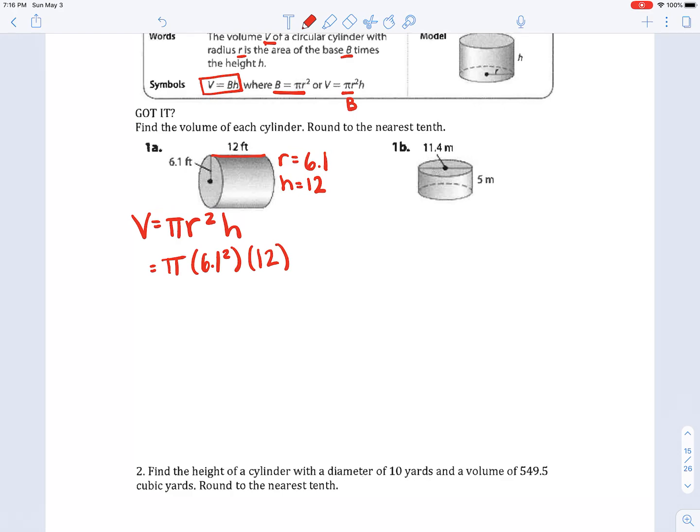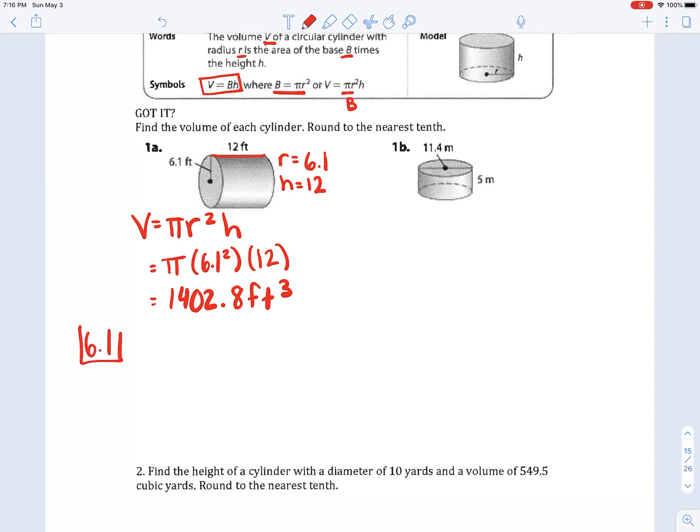So remember, be careful on your calculator. You're going to start with exponents first because of PEMDAS. 6.1 squared times 12 times pi equals 1,402.8 feet cubed, because we're talking about volume.